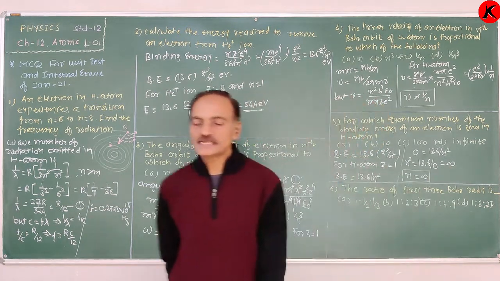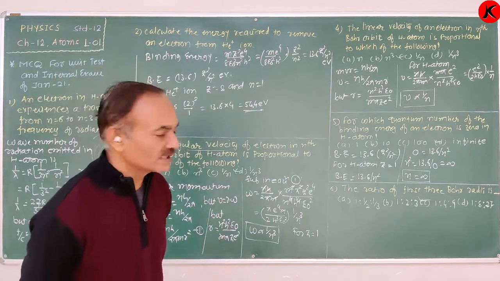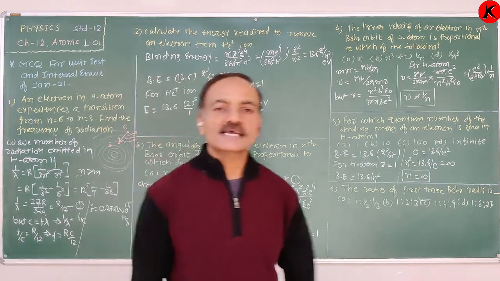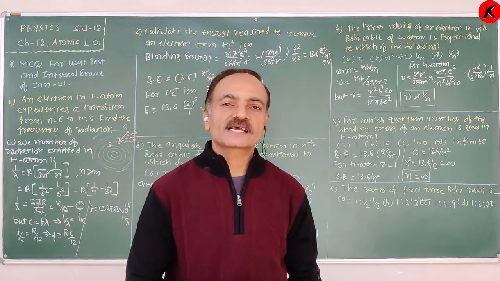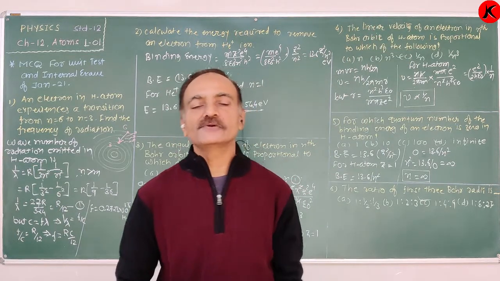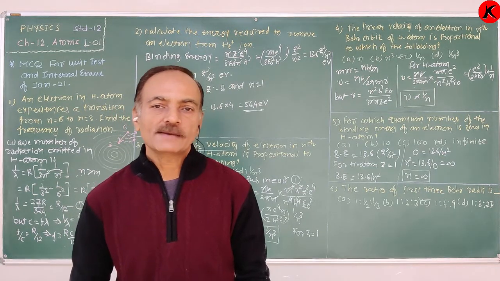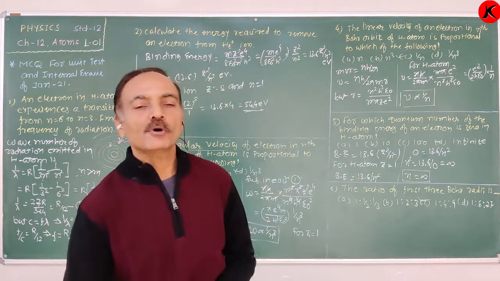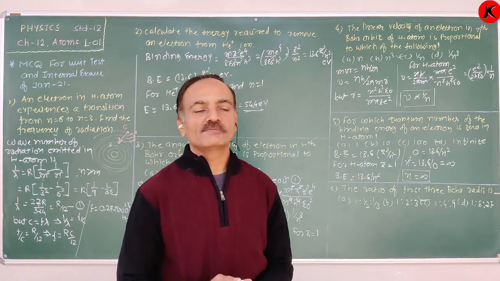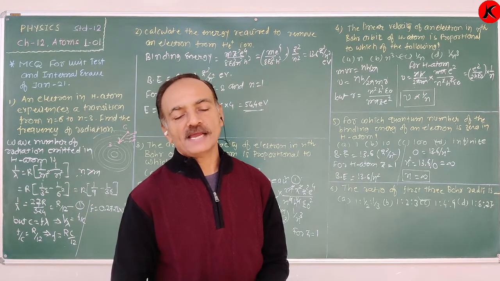In the infinite orbit, the binding energy of the electron with the nucleus is 0, because at infinite distance from the nucleus, the force of attraction exerted on the electron by the nucleus is almost 0. Therefore, no energy is required to remove this electron from the infinite orbit, since it is already free.